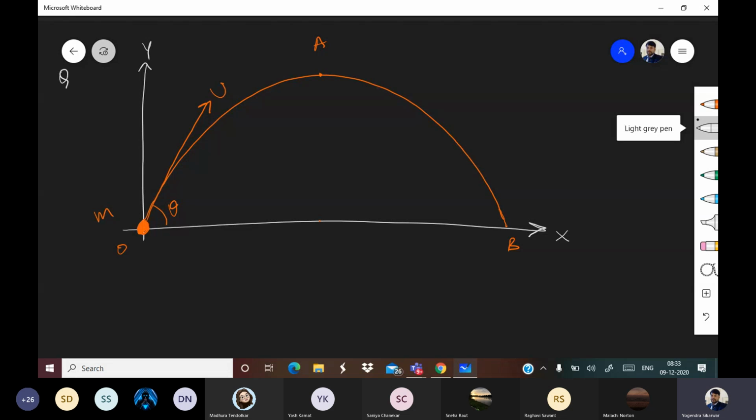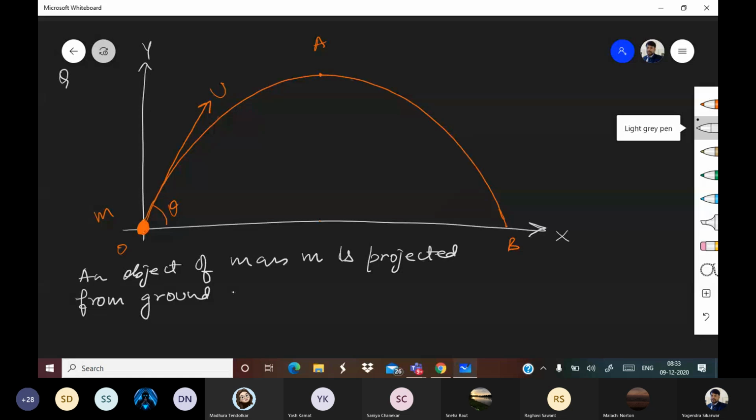So an object of mass m is projected from ground with speed u making an angle theta with horizontal.